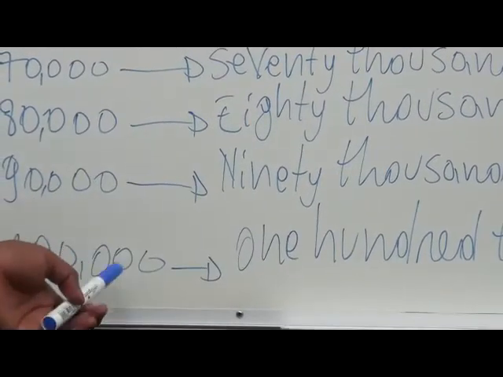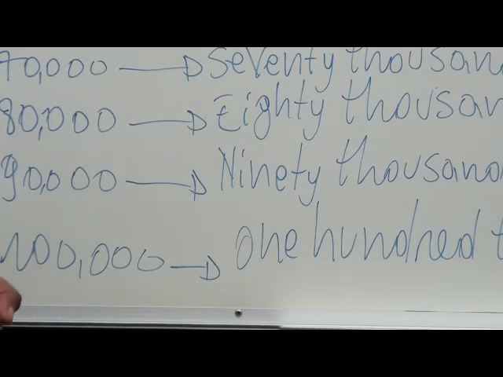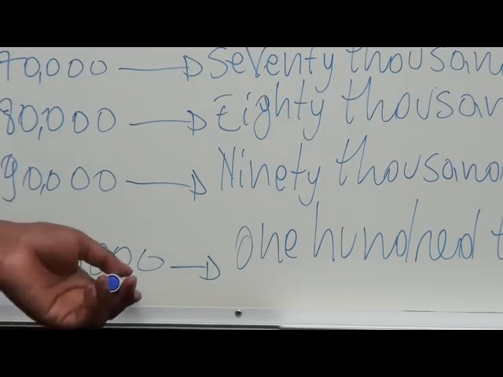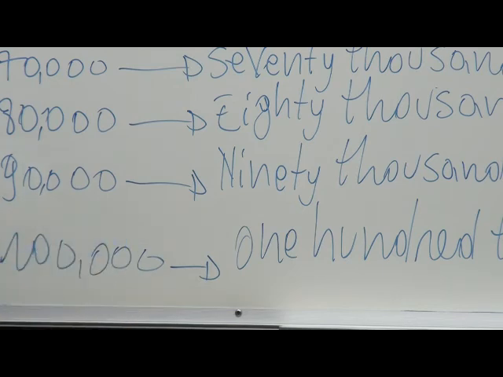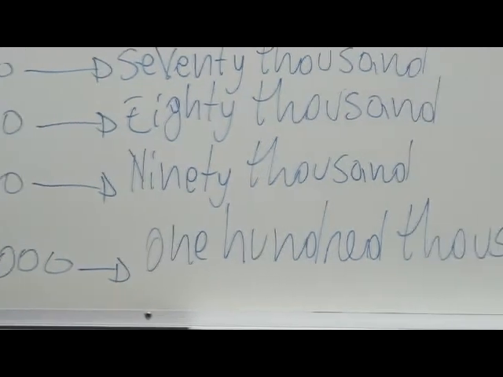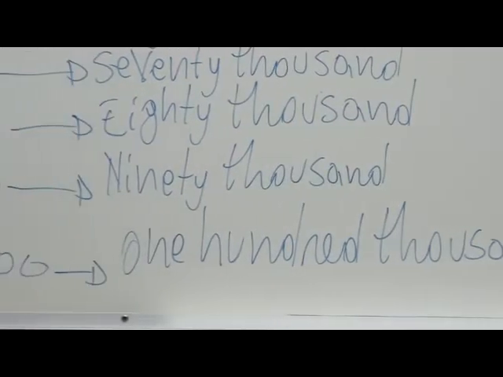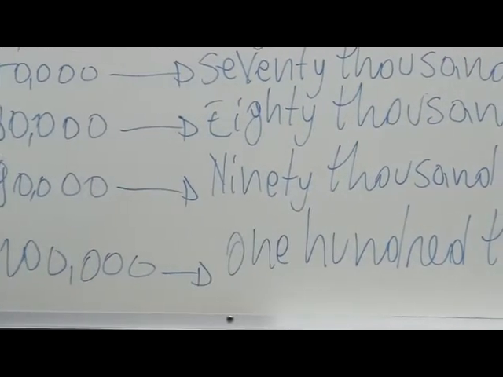And when we have 3 numbers before the comma and 3 zeros after the comma, we read the first 3 numbers together, and the 3 zeros at the end, we read them 1,000.